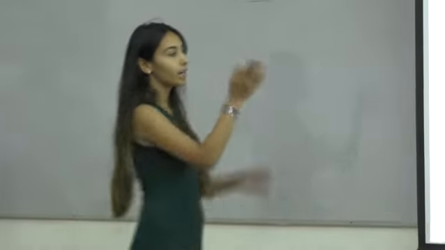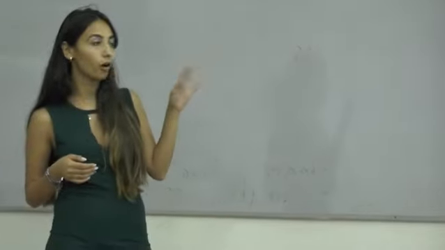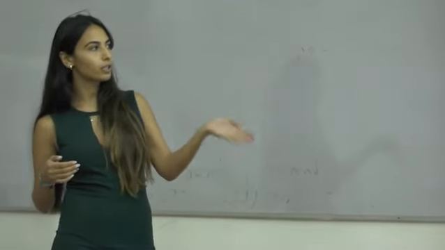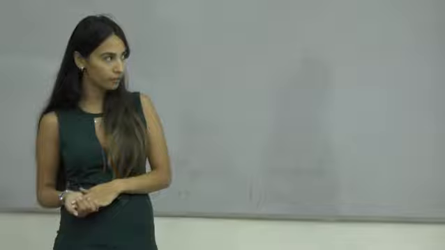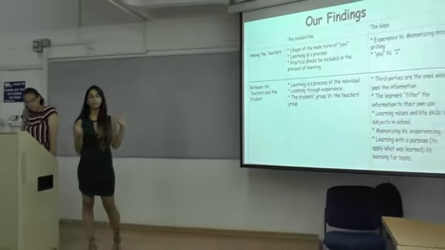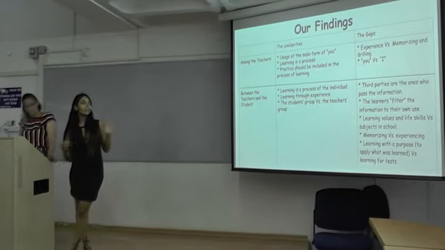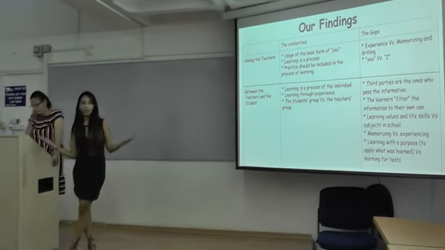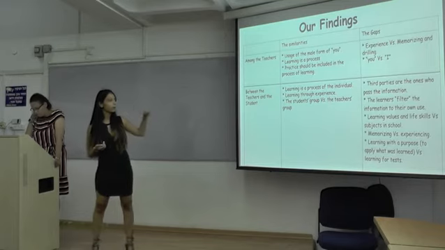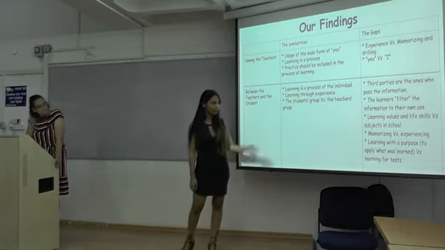And the similarities between what the teachers said and the pupil said are that all three treat learning as a process of the individual, and they believe that learning happens through experiencing it. And there is a student group versus a teacher's group. And we can see that there is a huge gap between what the teacher said and what the student said, because we have so many words and stars there.